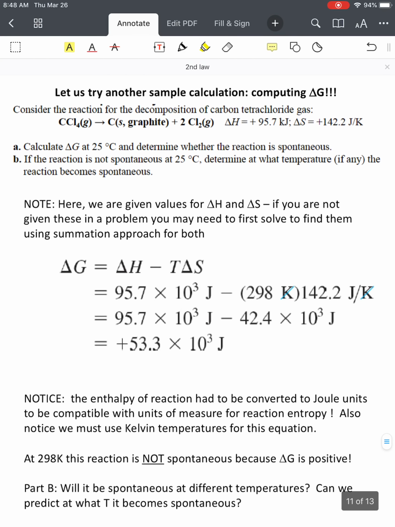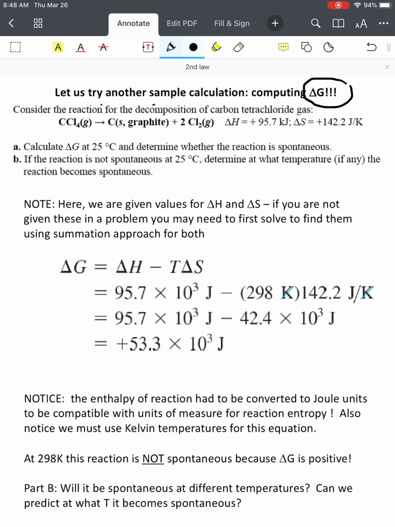Let's try a different sample calculation. This one involves computation of our Gibbs free energy change, delta G. Remember, that's called Gibbs free energy change. So for this, we're going to consider a decomposition reaction of carbon tetrachloride. That's the stuff right here. It's going to make graphitic carbon solid and 2 copies of chlorine gas.